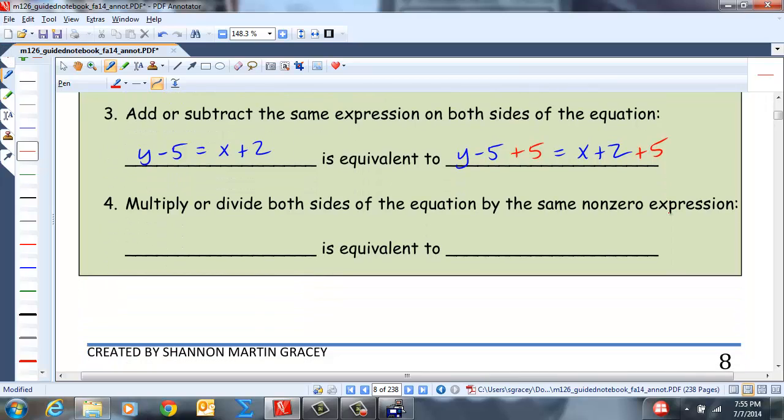And then you can multiply or divide both sides of the equation by the same non-zero expression. So let's say that we had 2y equals x minus 4. Right?